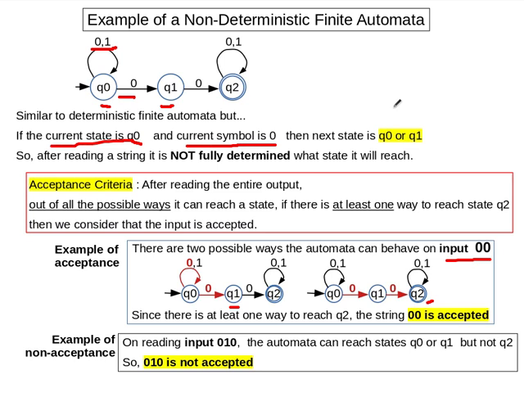Here the acceptance criteria is that you need to consider all possible paths. Out of all the possible ways that it can reach a state after reading the entire input, it can reach multiple states, and you consider all possible ways it can reach some state. For example, here it can reach either Q1 or Q2.